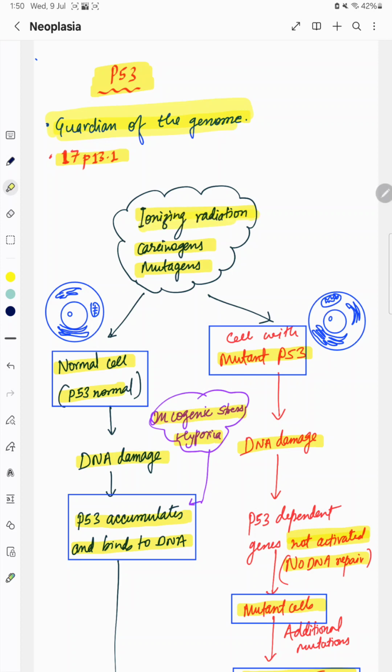When an injurious agent like ionizing radiation, carcinogen and some mutagen is exposed to a normal cell in which P53 is in normal condition, there will be DNA damage of this normal cell.